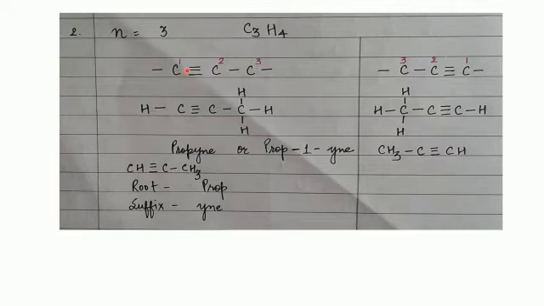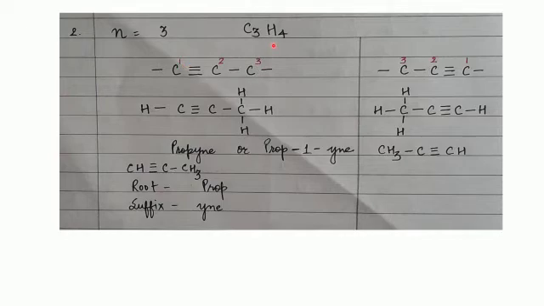We have numbered them 1, 2, 3, so that the carbon atoms between which we have the triple bond get the smallest number. So it will be 1, 2 and 3. So the triple bond is between carbon atoms 1 and 2. And out of these two numbers, you will select the smaller number while naming the compound.